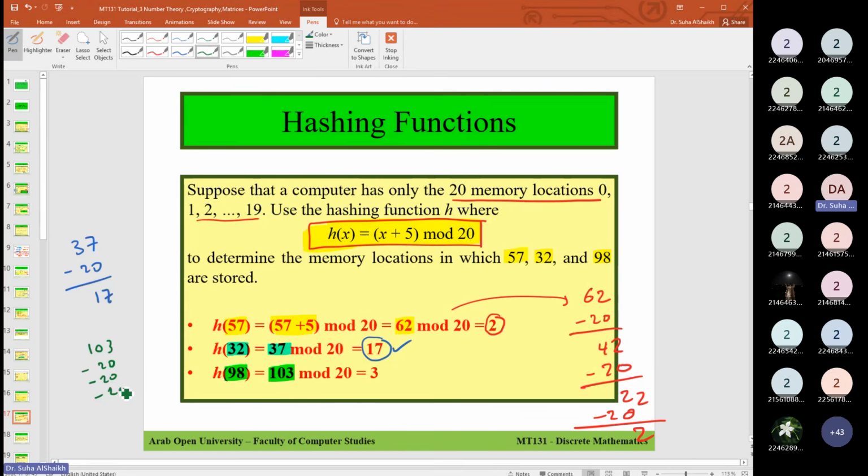It's minus 20, minus 20, minus 20, and minus 20. I'm going to remain with just a 3 here if we subtract 20 five times. Okay, so the memory location of 98 is equal to 3. Any question? Is it clear?